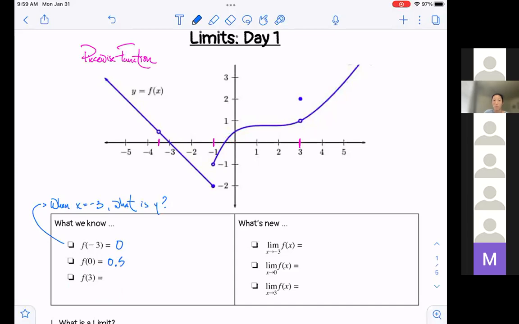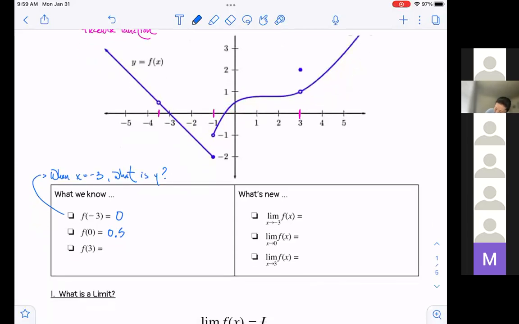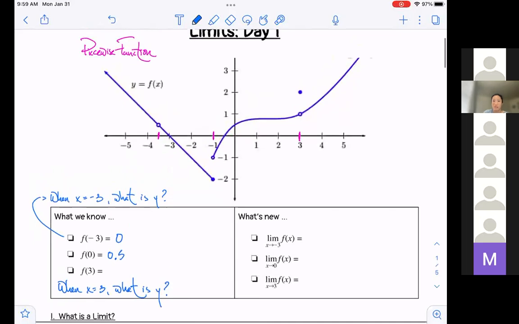All right, last but not least, looking for f(3). What do we think? When x equals 3, what is y? Oh, this is good. This is good.